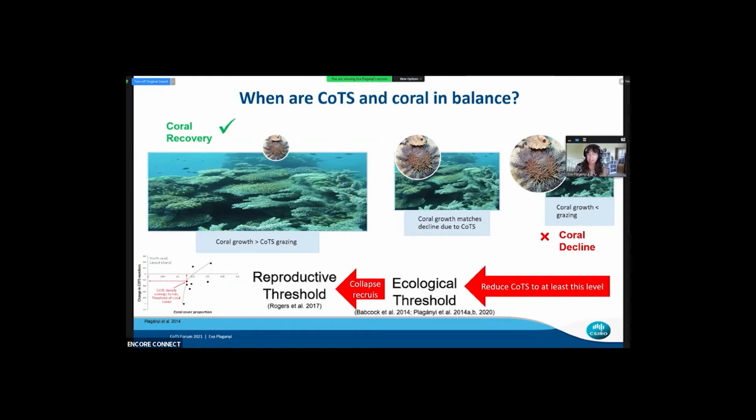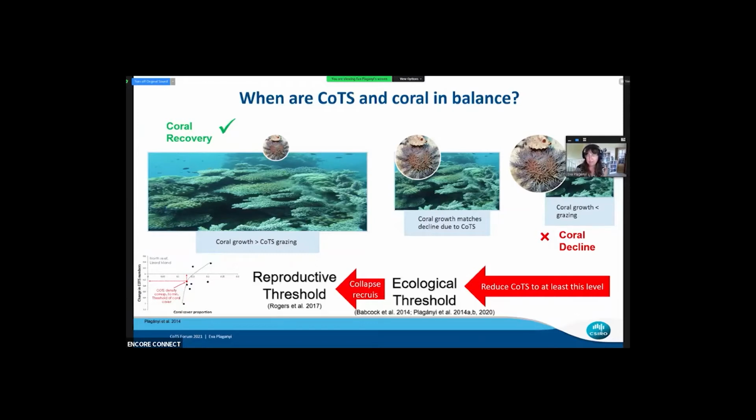When you get to a point where the coral growth matches the COTS that's busy eating them, how much is being eaten is compensated by the growth, that's when you have this equilibrium situation. And that's what we define as the threshold. So if you can reduce the COTS to at least that level, preferably less than that, then you're in a situation where your coral growth outpaces your COTS grazing and the coral is able to start recovering.